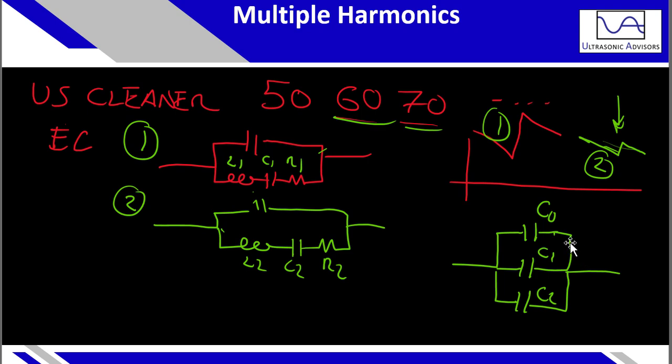C1 can be determined by your experiment number one, and C2 can be determined by your experiment number two. And you can now use an off-resonance value, which is just C, to determine C0, or the static capacitance.